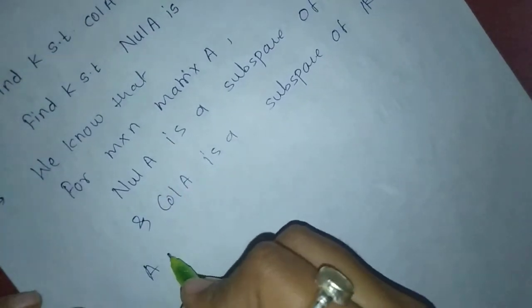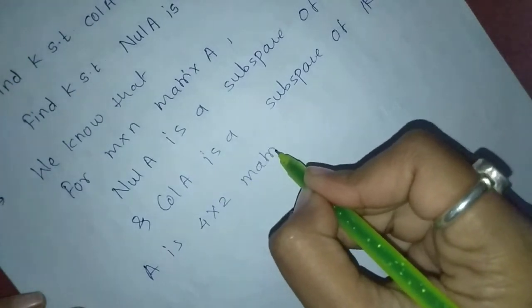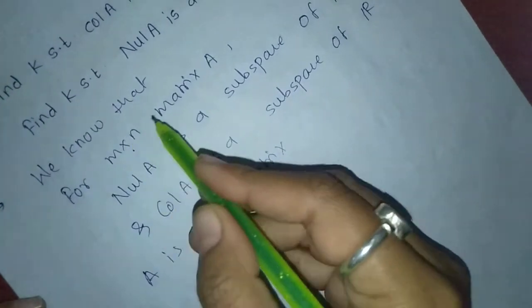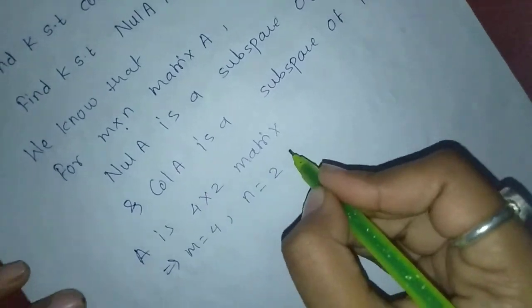Given matrix A is 4 by 2 matrix. Comparing with m by n, we get m equal to 4 and n equal to 2.